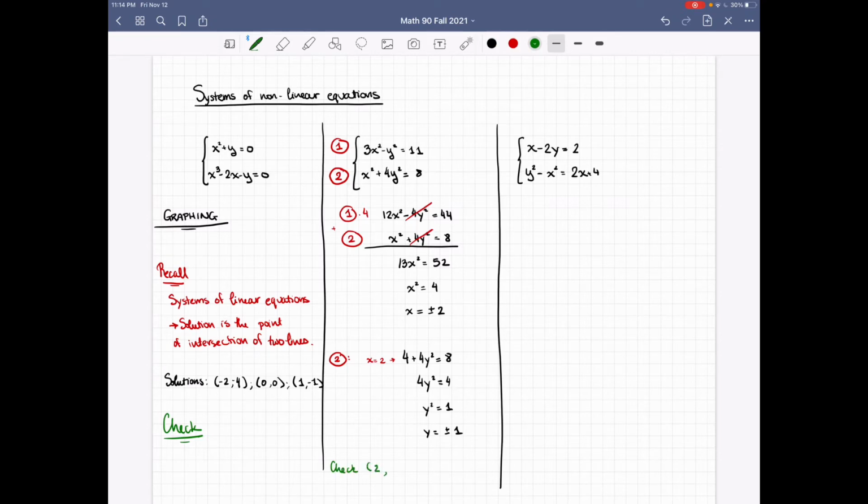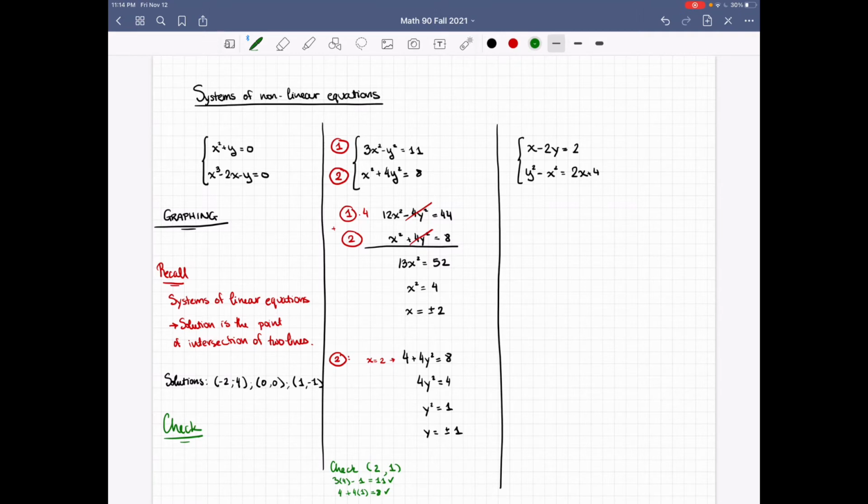Checking (2, 1) in the first equation, I have 3 times 2 squared, which is 4, minus y squared, which is just 1, and that is in fact equal to 11. And for the second equation, I have x squared, which is 4, plus 4 times y squared, which is just 1, and that is in fact equal to 8.